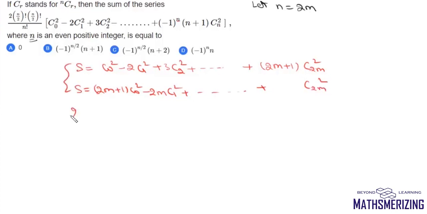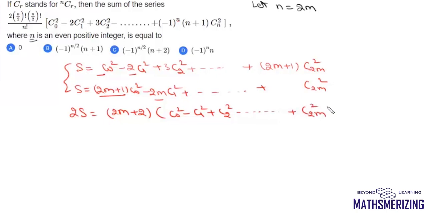If I add the two series, we'll get 2S, and then I'll get this (2m + 2) common from each and every term. So I'll take (2m + 2) common, and what we are left with is C0 square minus C1 square plus C2 square, and it continues up to C2m square. Now we need to find the sum of this series.